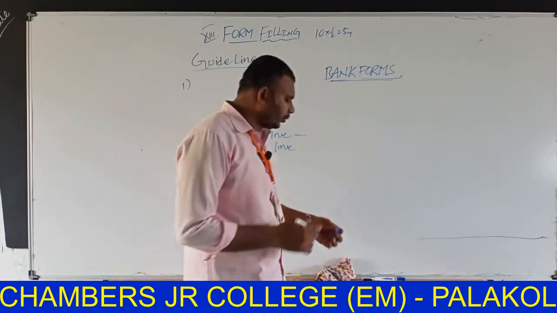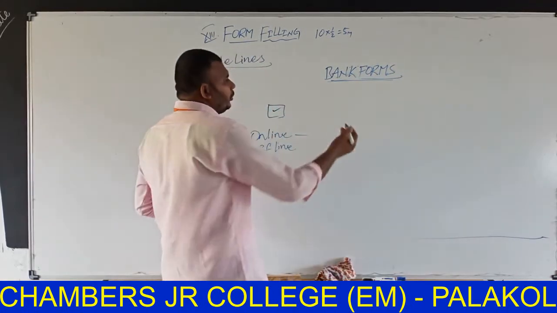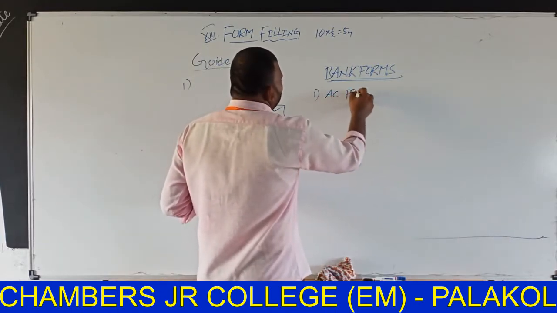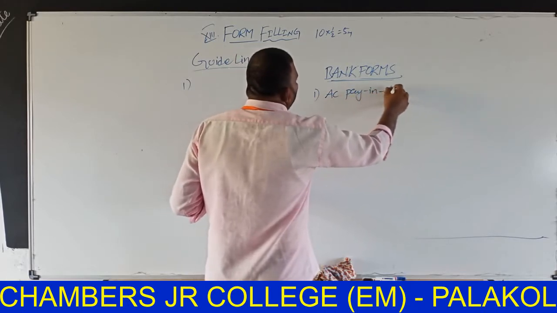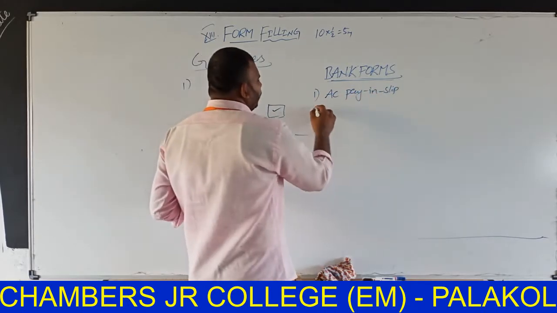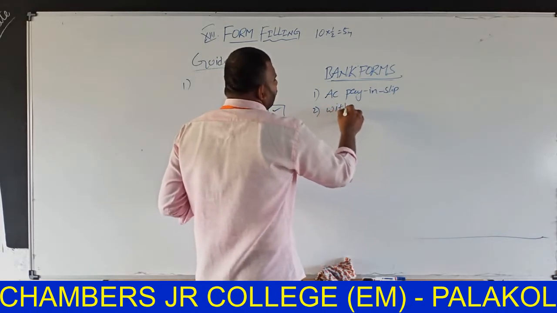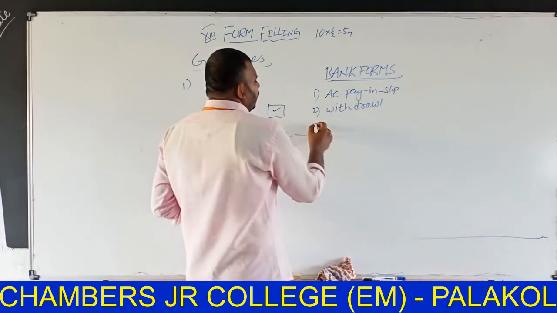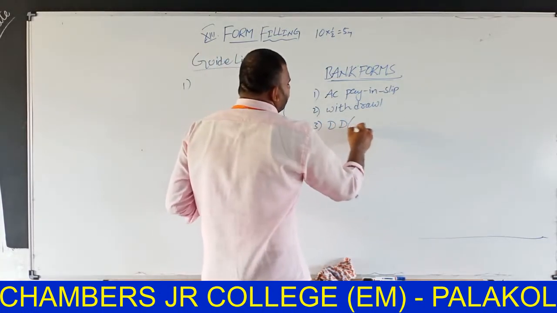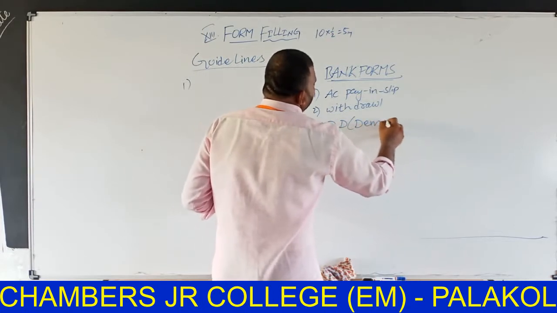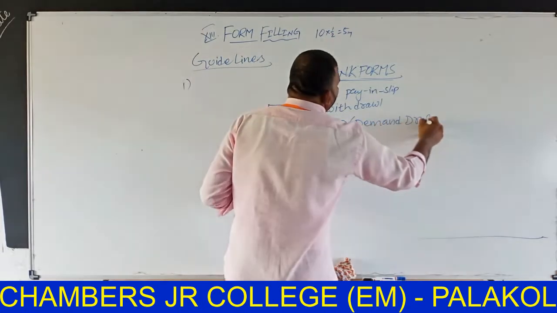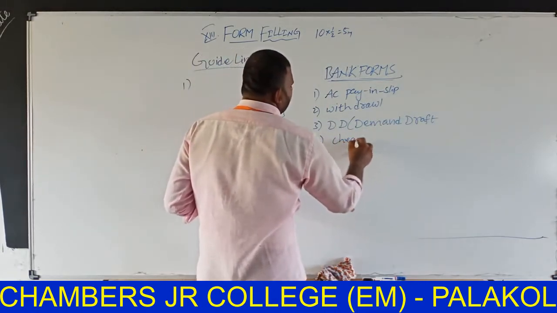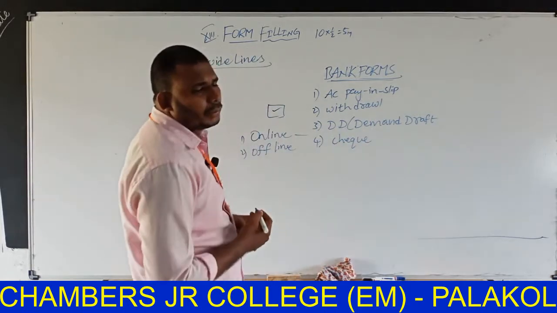Of course, there are so many kinds of forms like this, and for the bank forms we have these: the account pay-in slip, the withdrawal form, the third one is DD, that is demand draft, and the fourth one is check, completing a check.